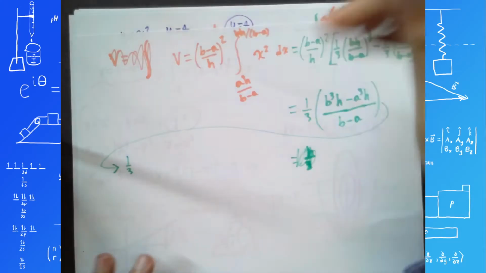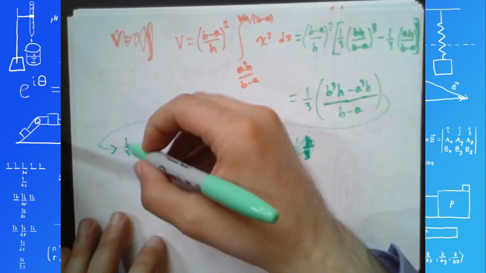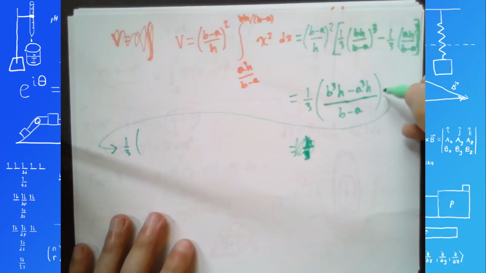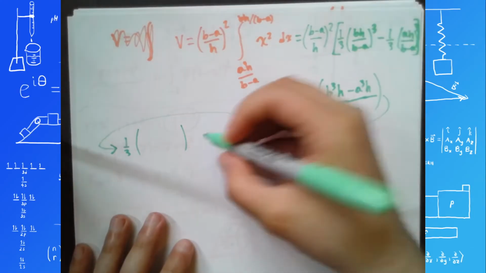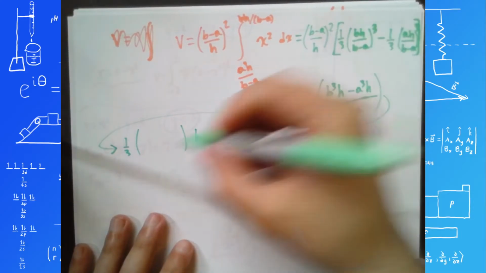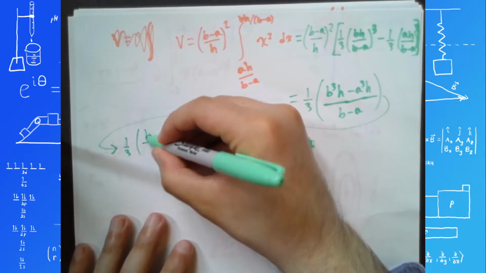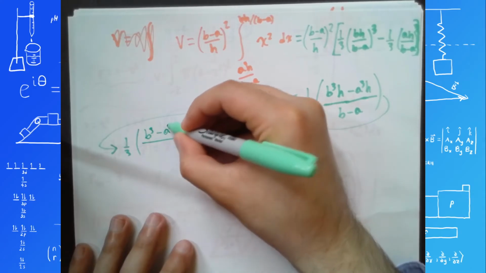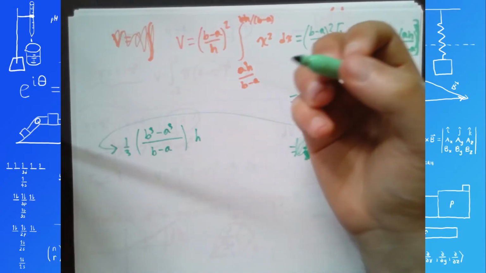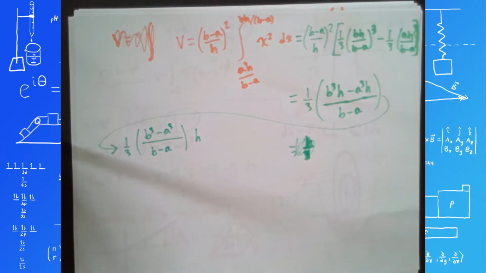So we've got 1/3, and then I'll factor the H out over there. So we've got B cubed minus A cubed over B minus A.